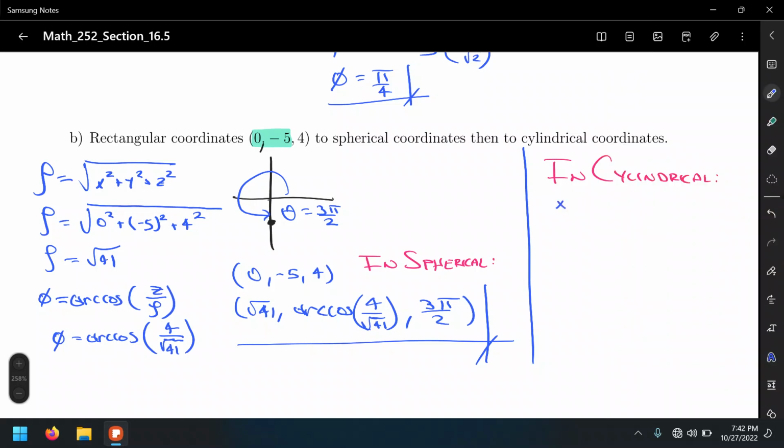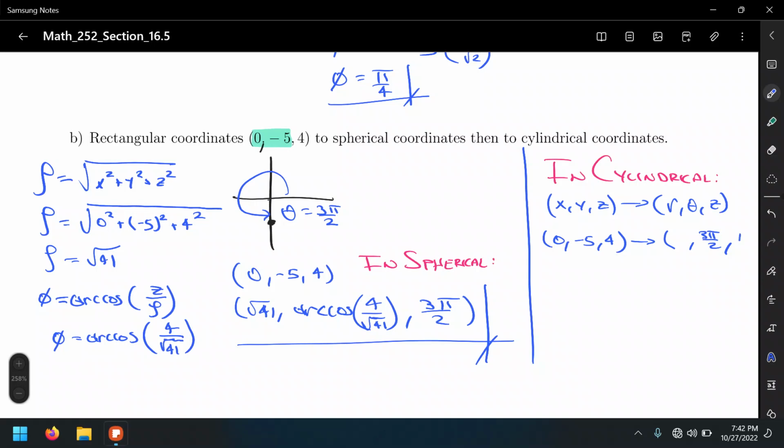In cylindrical, we're going to go from x, y, z to r, theta, z. In this case, 0, -5, 4. We need to find r, and theta is 3 pi over 2. What's the value of z?